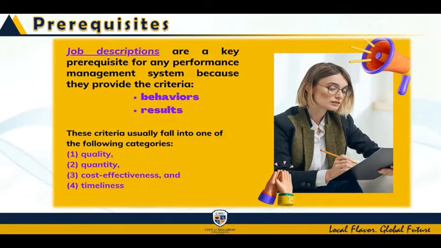First is the quality of their job or the quality of their task. Second is the quantity, meaning if a certain employee or the account supervisor has a lot of output on a daily, quarterly, or even yearly basis. Also the cost effectiveness, meaning all the resources are distributed equally so that they can have optimum results, and timeliness.